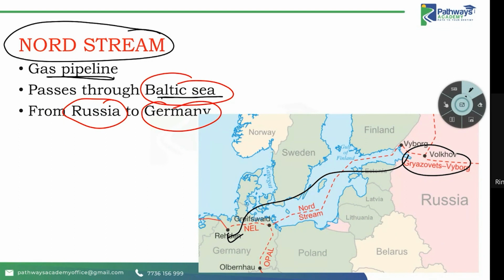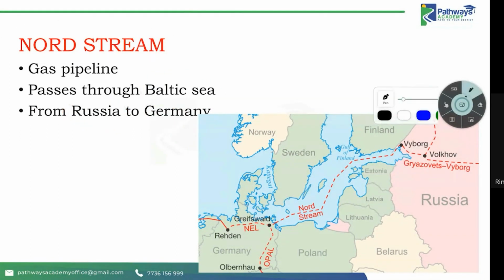Stubby pipeline is also a gas pipeline. Full form of TAPI pipeline is the nations involved in it.